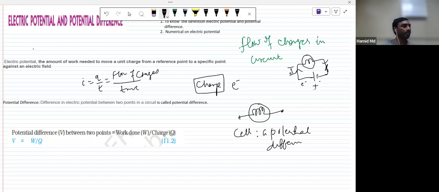Can you repeat? I said that electron is negatively charged, and so the positive potential will attract the electrons. Got the point? So movement of electron will be in this direction and movement of current will be in this direction, right?